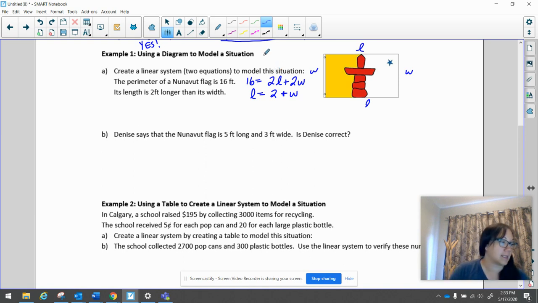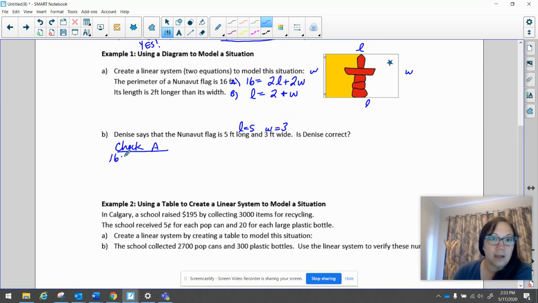So what we need to do is see if we can check Denise's answer here. Denise says that the Nunavut flag is 5 feet long and 3 feet wide. Is she correct? So we're going to check that answer in both of our equations. I'm going to call the first one equation A and the second one equation B. So 5 feet long, that would mean that L is 5 and W being 3 feet would be 3.